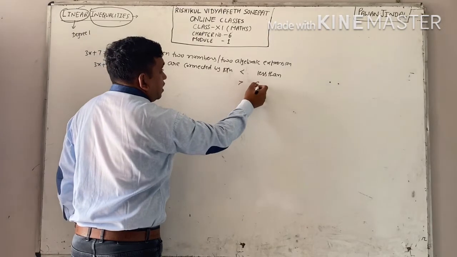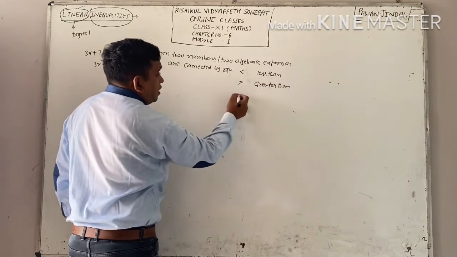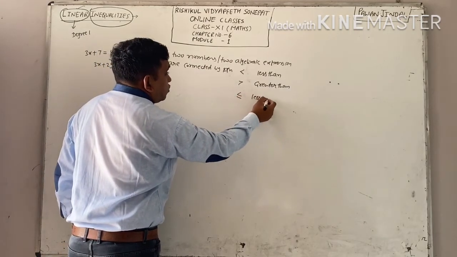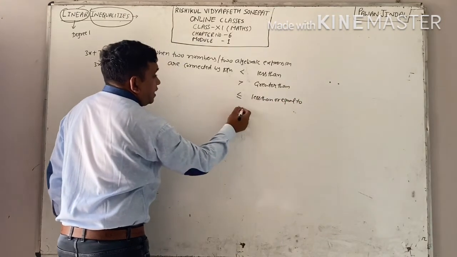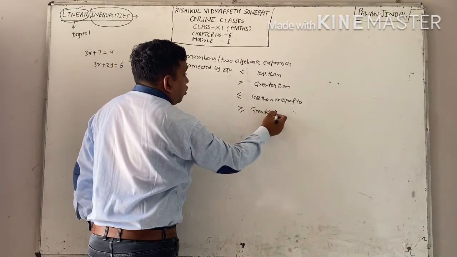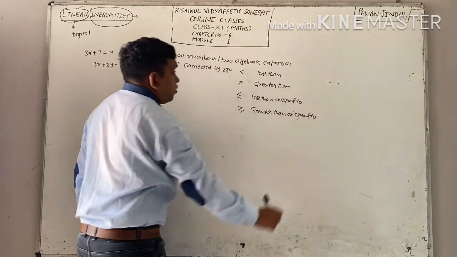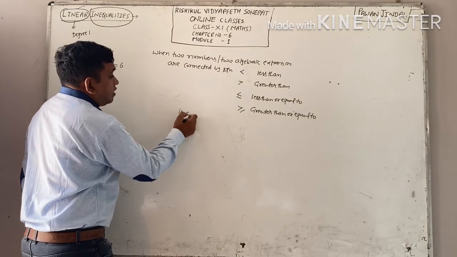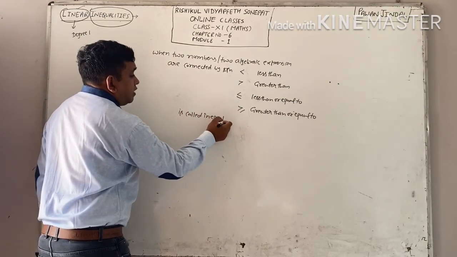This is your greater than. Less than or equal to. And the last one is greater than or equal to. This is called inequality.